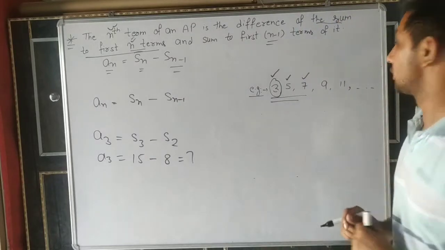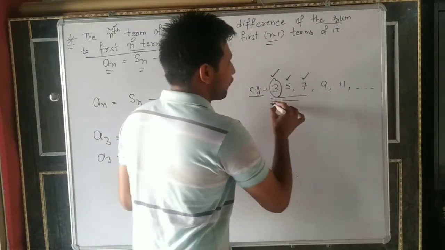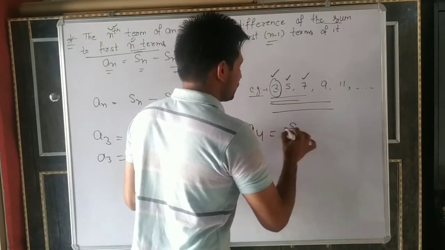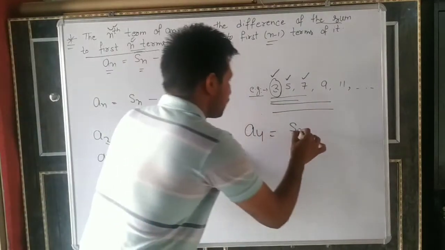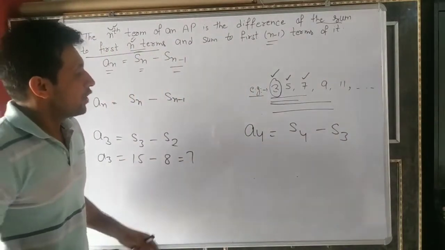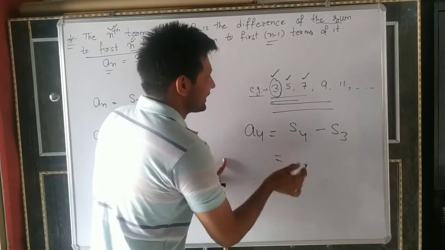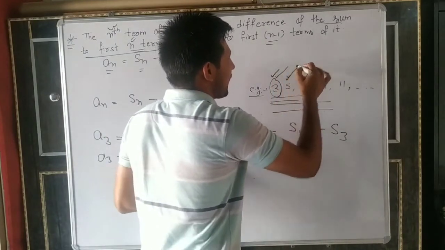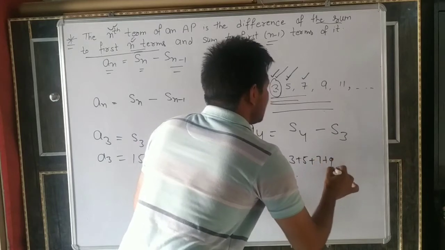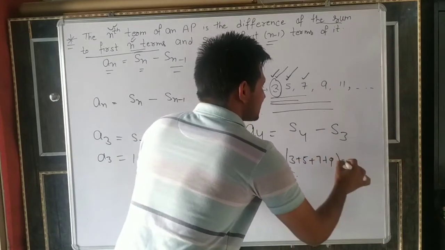Why? Because if we want to find A4, look at A4. How to find A4? S4 minus S3. What is S4? 3 plus 5 plus 7 plus 9, minus S3.